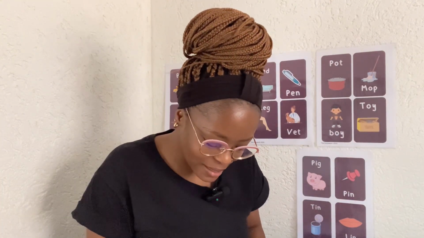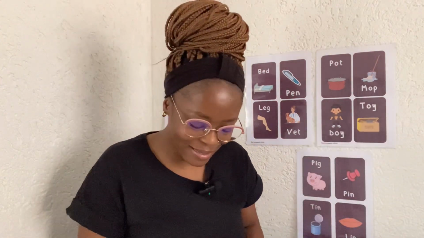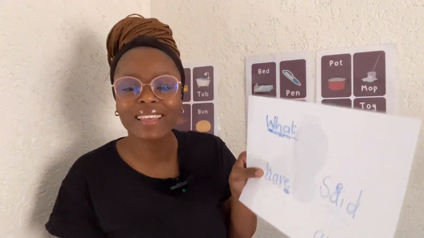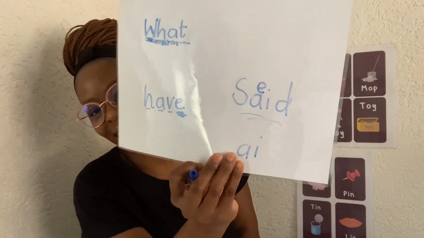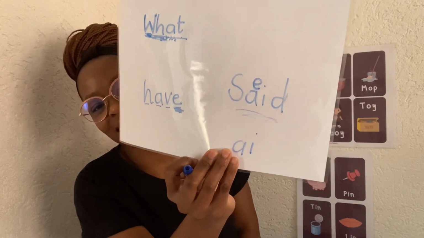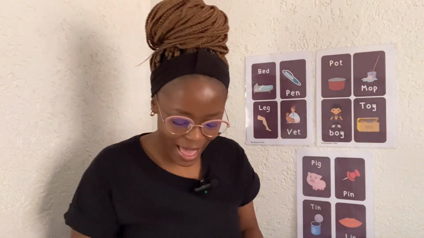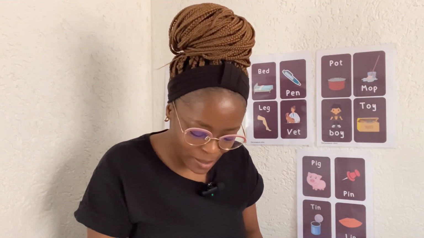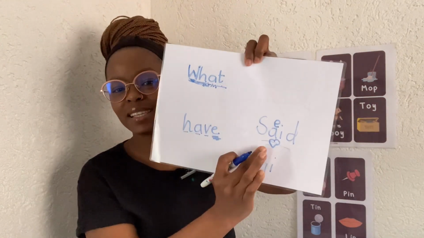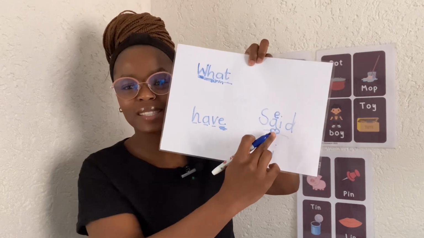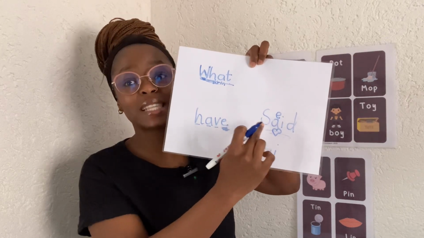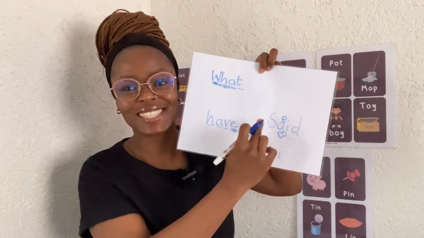In this case, A-I sounds as "eh". Said. And then I usually say they must make a heart underneath there to know that this sound changes. It's no longer "sayd", it's said.